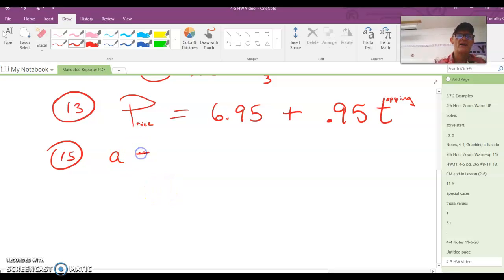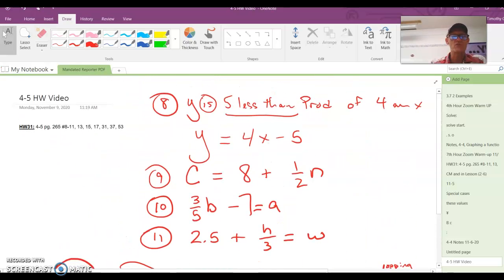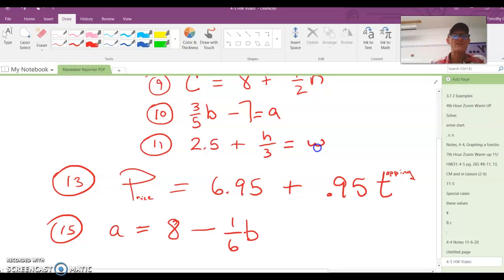Okay, so the amount is the total, which is 8, and you're going to take 8 ounces, take away 1/6 of an ounce for every batch. So you multiply 1/6 times B and subtract that from 8 to get the amount left. So that was 15. It's getting those function rules from the words.